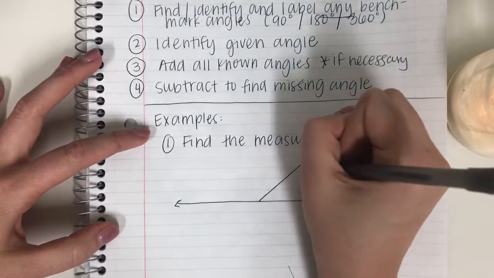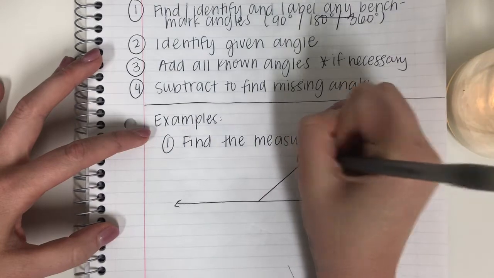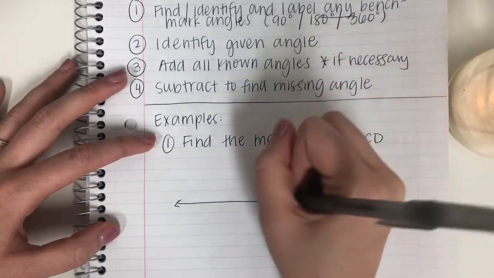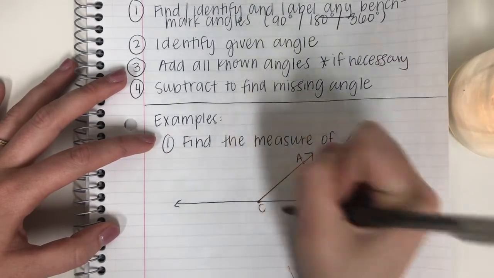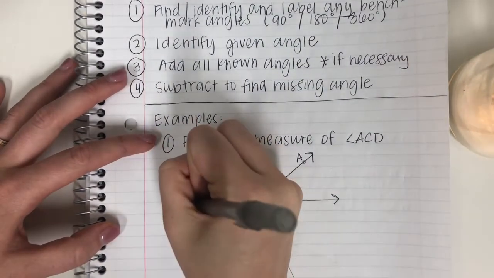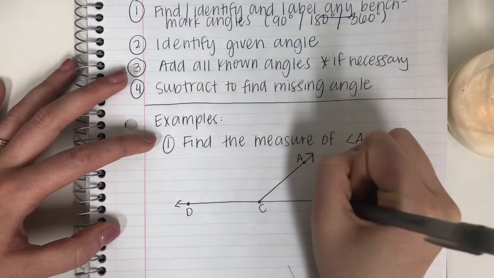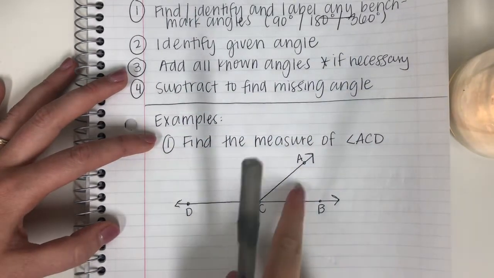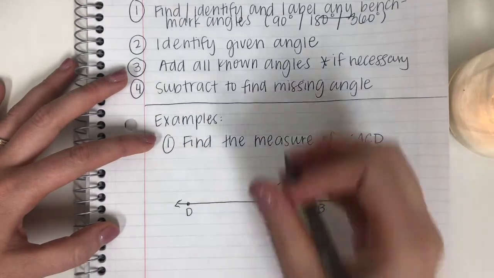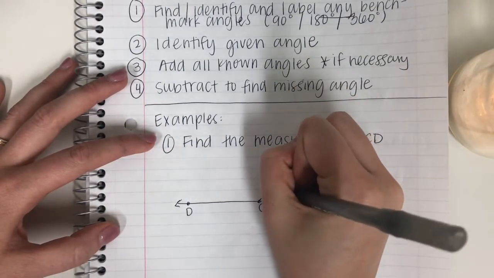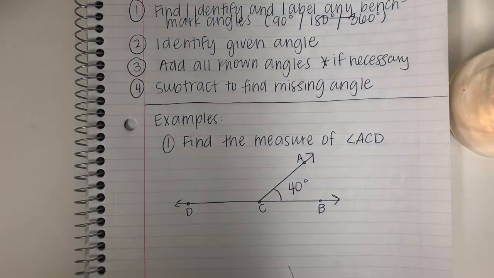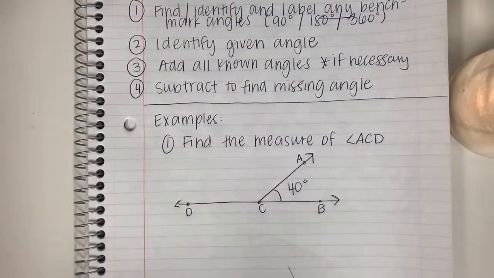So they give us A, C, and D, and B. Let's say they give us ACB, and we know that this is 40 degrees.